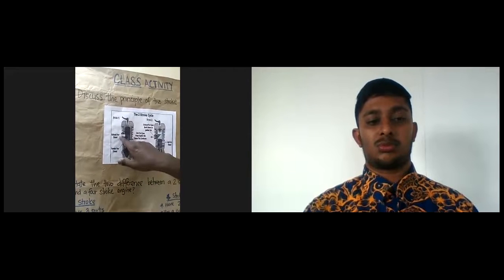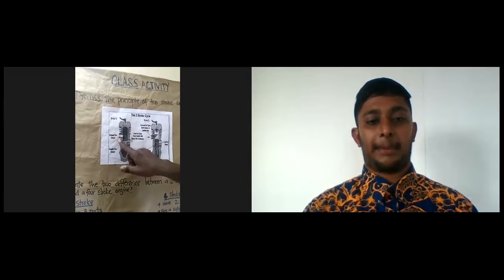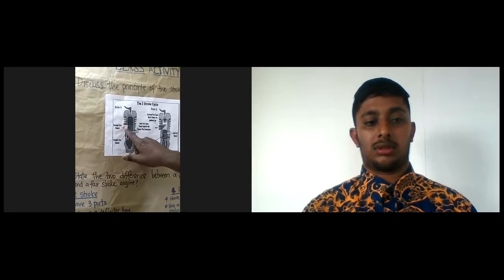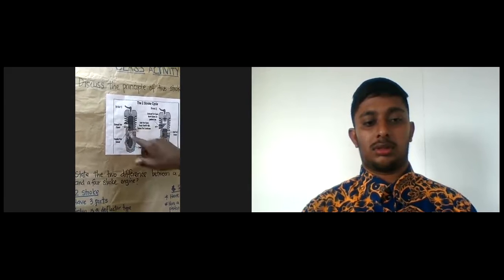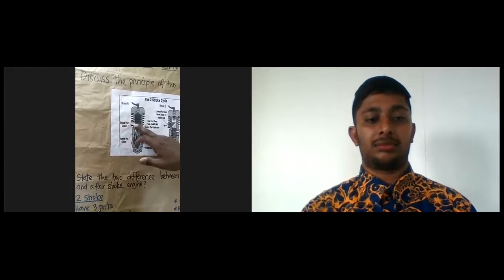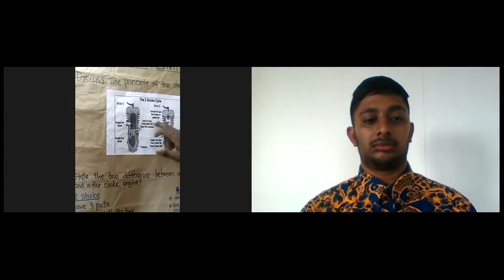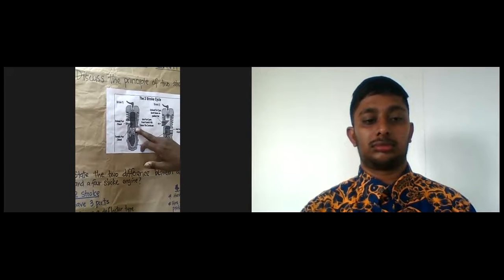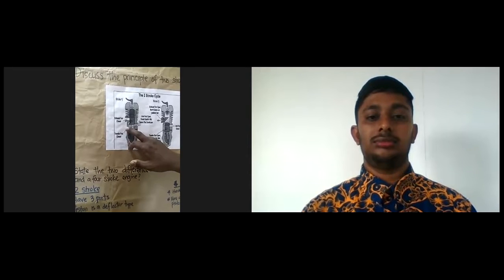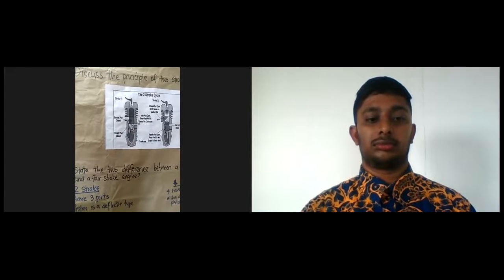The exhaust port is here, and the inlet port opens from here. And these are the transfer ports. So let me discuss the question.